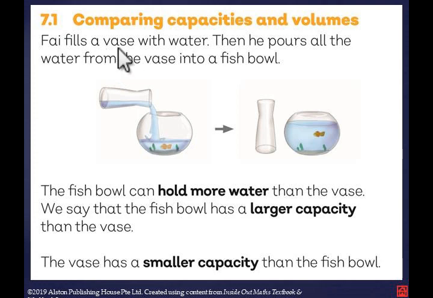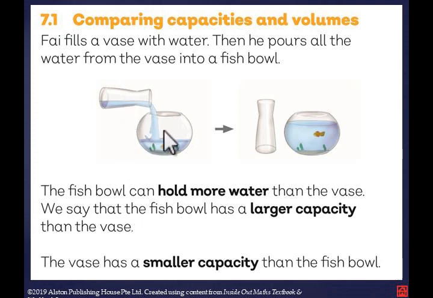Next, we have comparing capacities and volume. Phi fills a vase with water. Then he pours all the water from the vase into a fishbowl. The fishbowl can hold more water than the vase. We say that the fishbowl has a larger capacity than the vase.